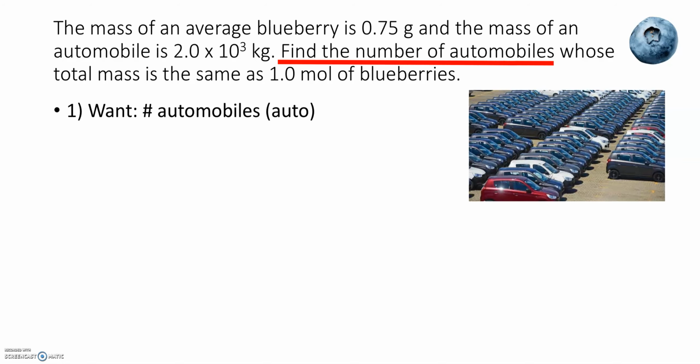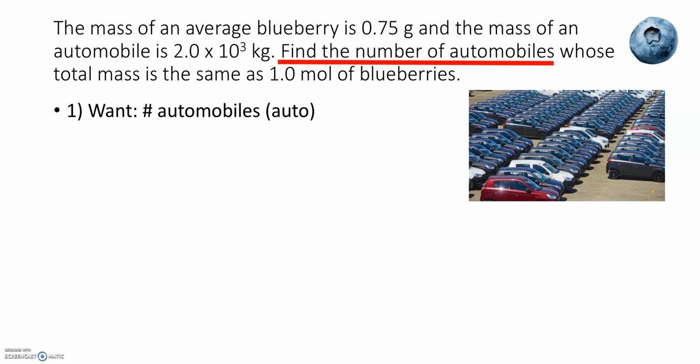I know that there's blueberries involved, right? But the mass of an average blueberry is 0.75 grams. That's kind of a mass ratio to the blueberries. And then I compare this to an automobile ratio, which is 2.0 times 10 to the 3 kilograms per auto.